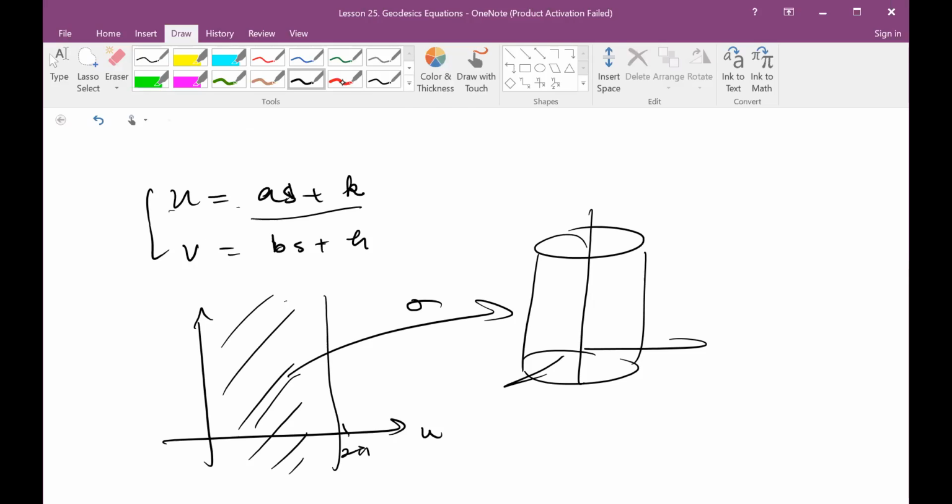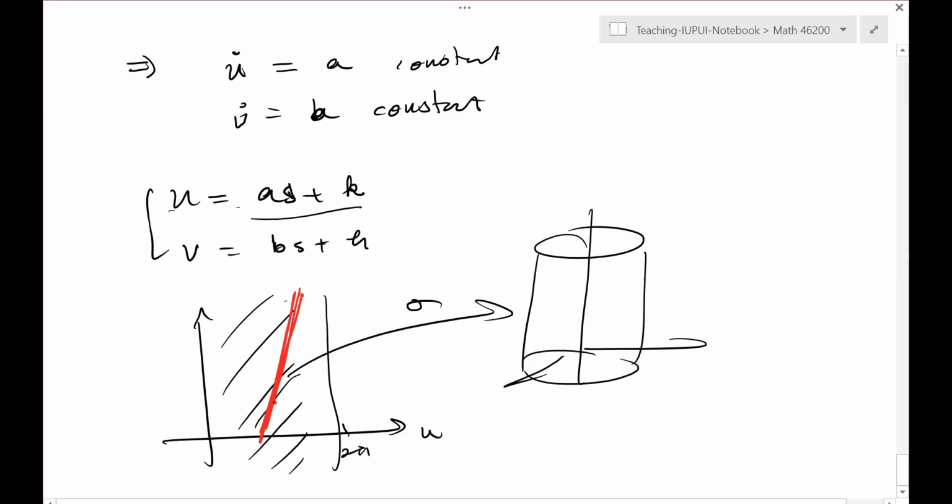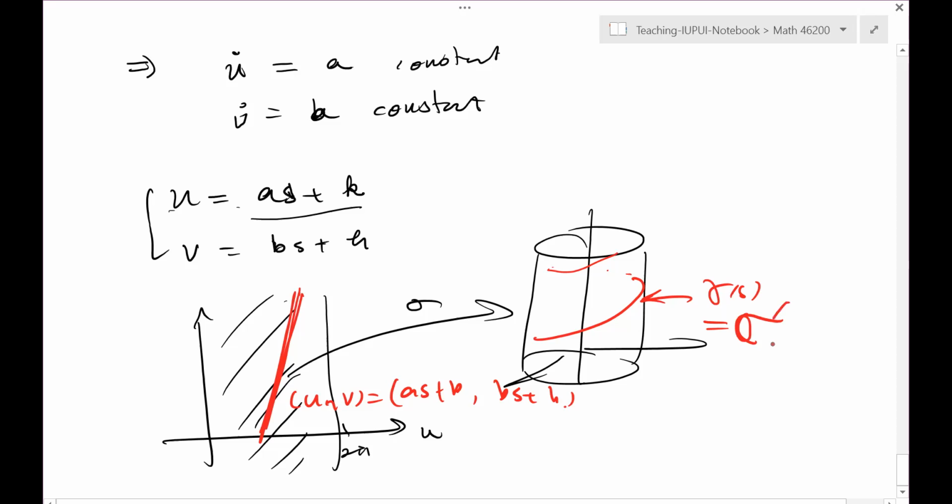So U equals AS plus K, V equals BS plus H, those are the geodesics. Those are the straight lines. U, V equals AS plus K, BS plus H. So there's an image coming over here. Those are the geodesics.